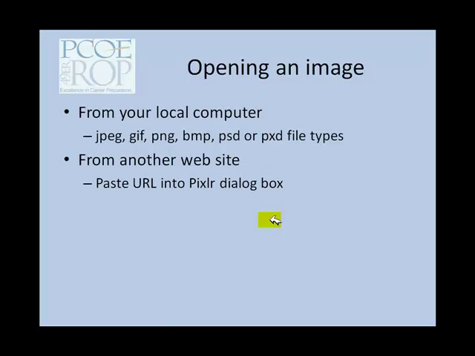When you want to open an image into Pixlr, you can choose any of these file types: JPEG, GIF, PNG, BMP, PSD for Photoshop, or PXD, which are files you would have saved in Pixlr. You can also paste a URL into Pixlr to open an image from another website.